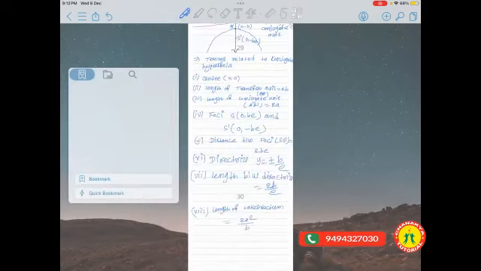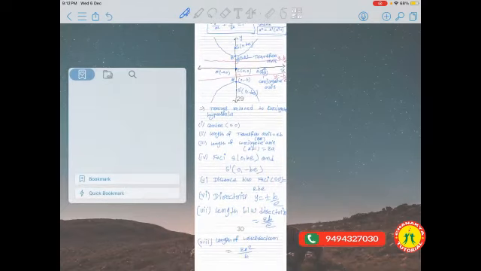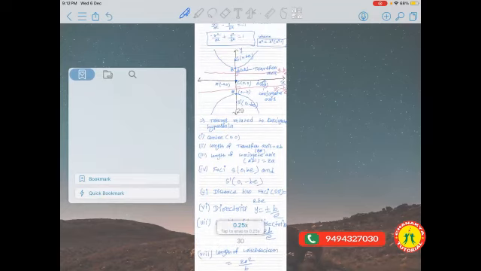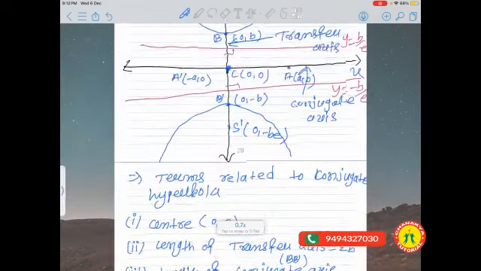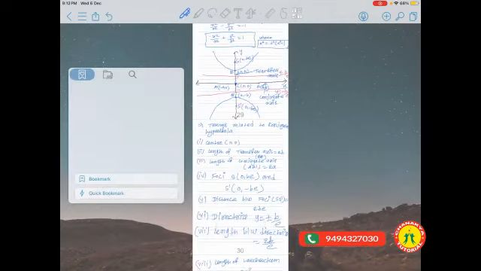We know the latus rectum always passes through the focus, so we get the coordinates. So the length of the latus rectum is 2a square by b. Everyone try to see and understand these terms, because they are very important to understand the conjugate axis. If you know the related terms, we will definitely do every question.